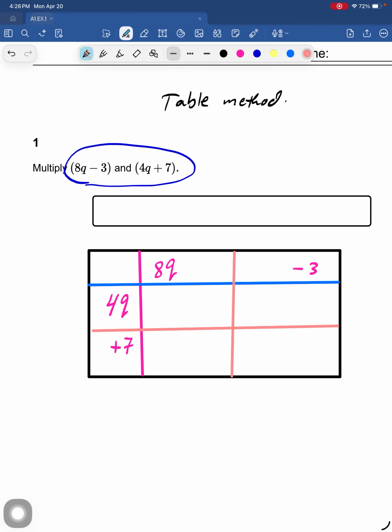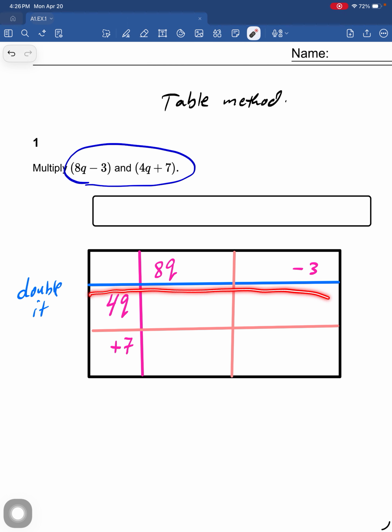Next step, we use what I like to call, to make it easy, double it. It's not a mathematician's expression, it is just something we use to remember. So take the 4q in this row. Here is the 4q in this row.